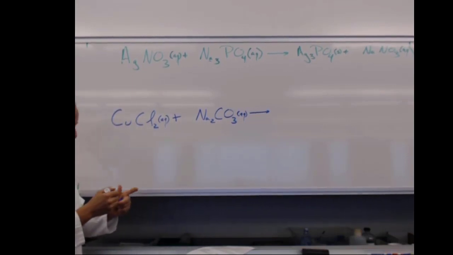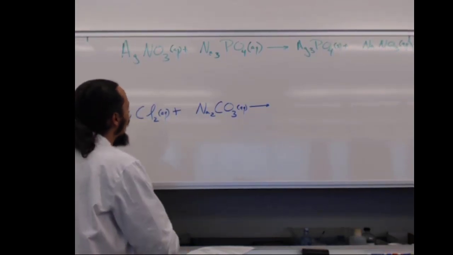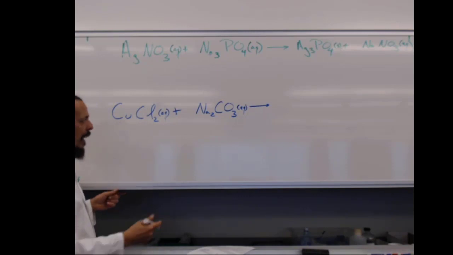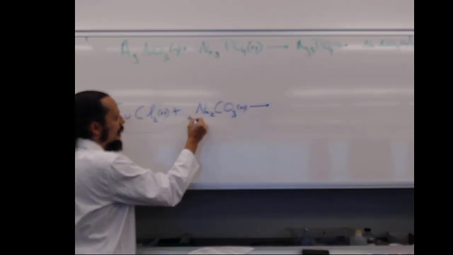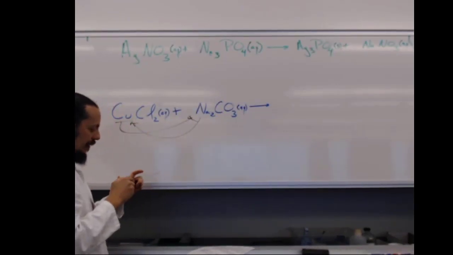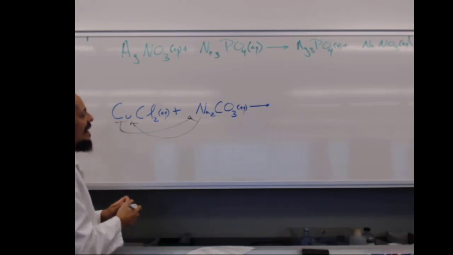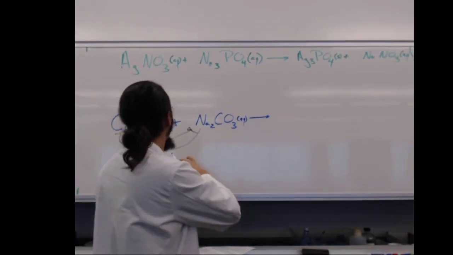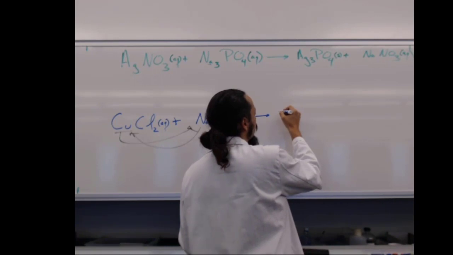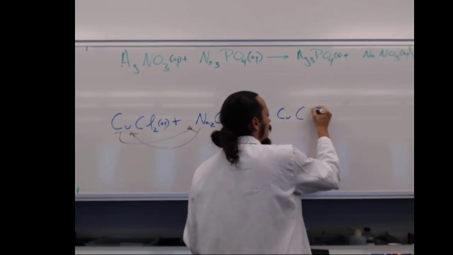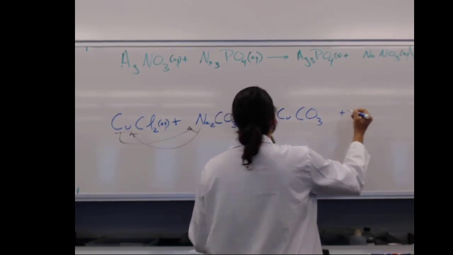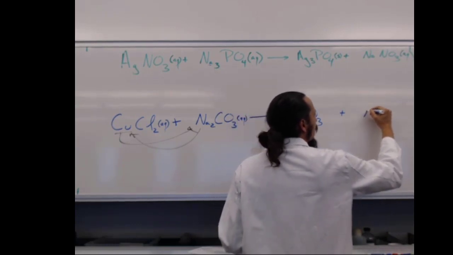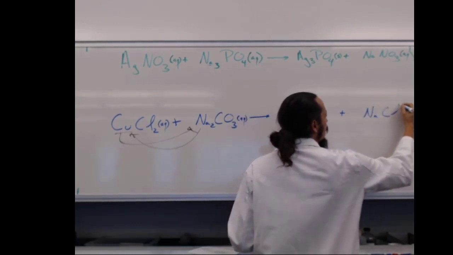So this will dissolve. And now we can go ahead and do the same flip-flop metathesis reaction, switching our cations with each other, and we're going to make copper carbonate and sodium chloride.